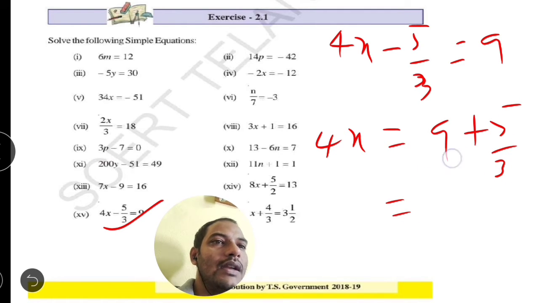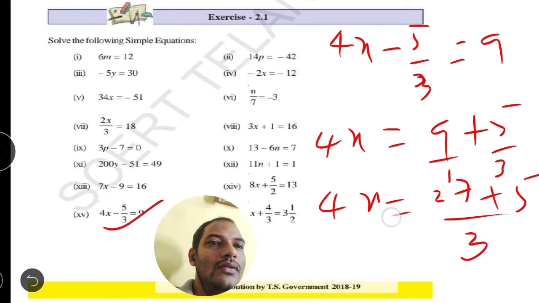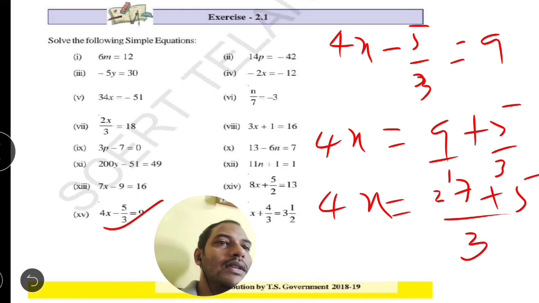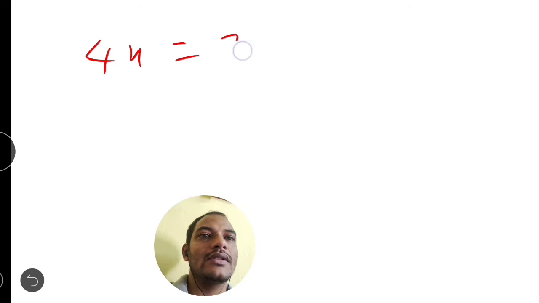Here I am writing 9 as 9 by 1. So then the LCM of the denominators is 3. 3 9s are 27 plus 5. It equals 4x. So now 4x equals 27 plus 5, which is 32 by 3.